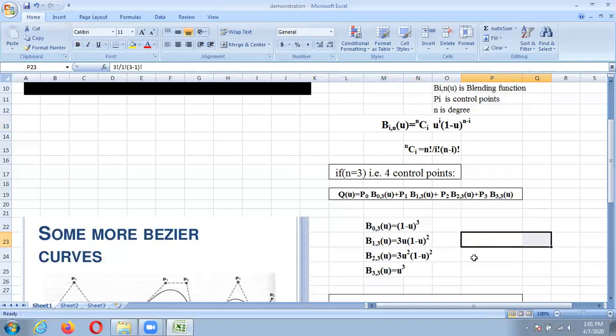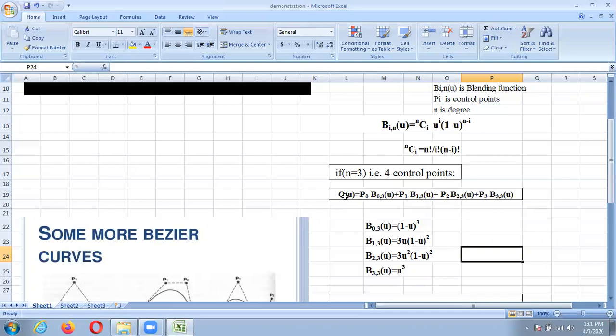Okay, after that, again the same for b2,3 we'll find this, and b3,3 we are getting u raised to 3. Then here each control point, this q of u contains control points, and to plot these control points we require the x coordinate and y coordinate.